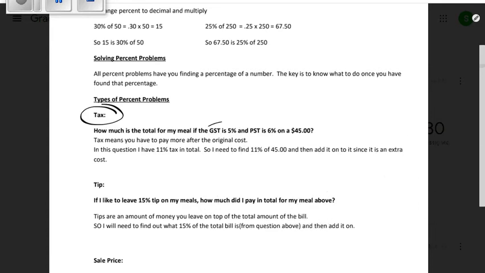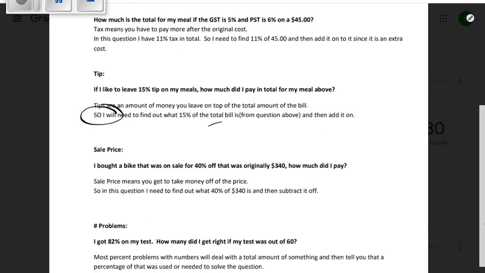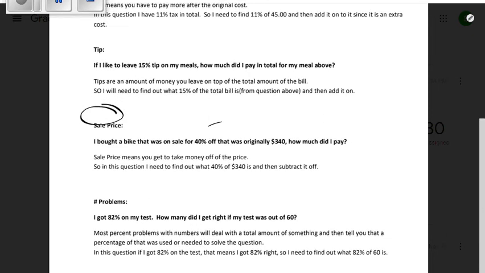Looking at a tip, a lot of times we go for meals, and if I want to leave a tip, that usually gets added on as well, because you paid extra. So I need to find out what 15% of the total bill is from the question above. We got 49.95 as the total.